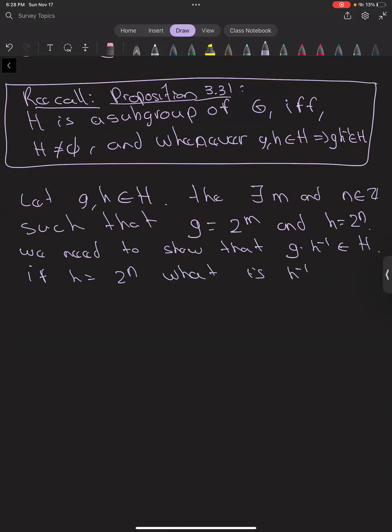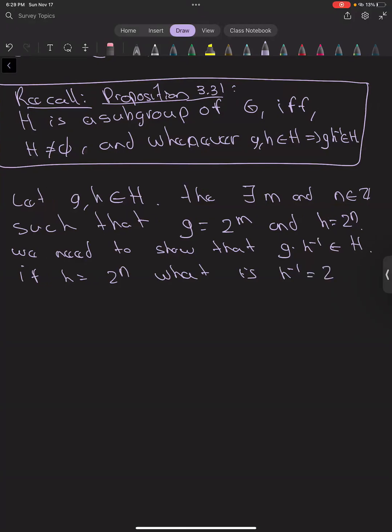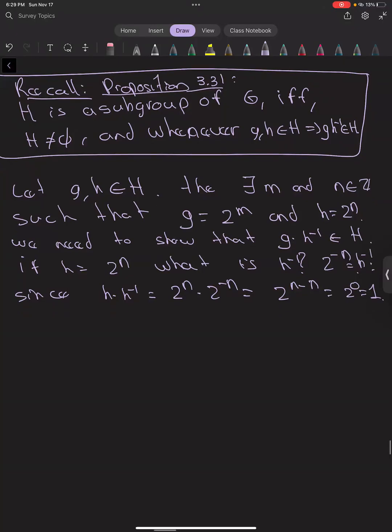Because these are rational numbers, it has to be 2 to the minus n, since h times h inverse equals 2 to the n times 2 to the minus n, which is 2 to the n minus n, and this is 2 to the 0, the identity. So h inverse is 2 to the minus n.